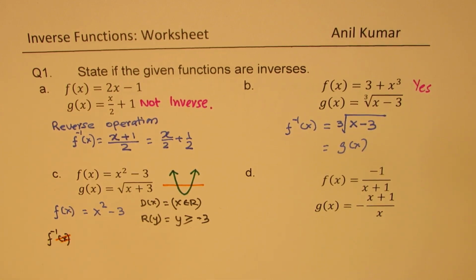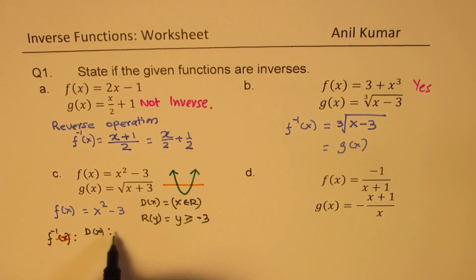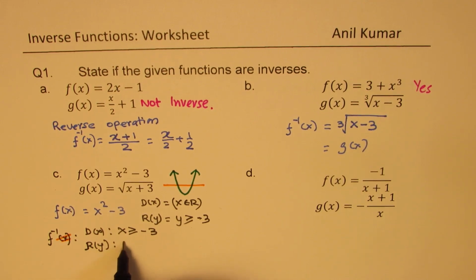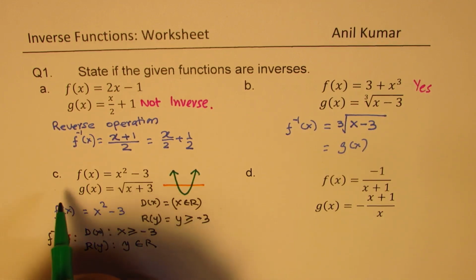And secondly, as far as the inverse is concerned, the domain of inverse will be what? Will be what was the range, right? They flip. So the domain should be x greater than or equal to minus 3, and range will be y belonging to real numbers. Now in the given function, square root of x plus 3, we get that the domain is x is greater than or equal to minus 3. However, the range is not matching, right?